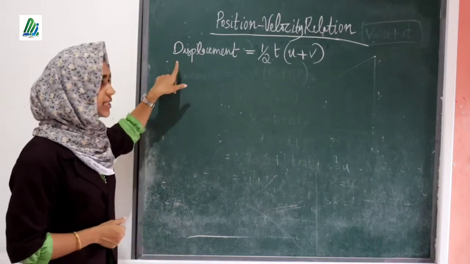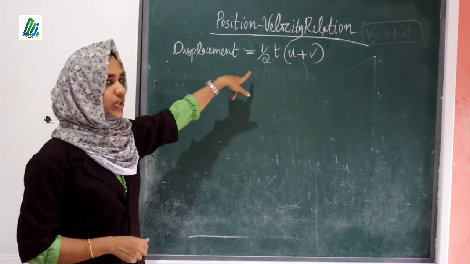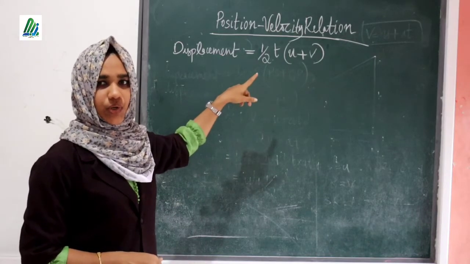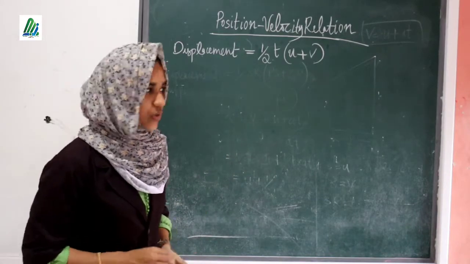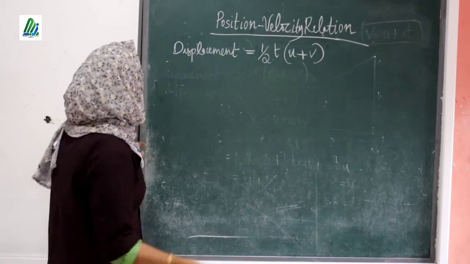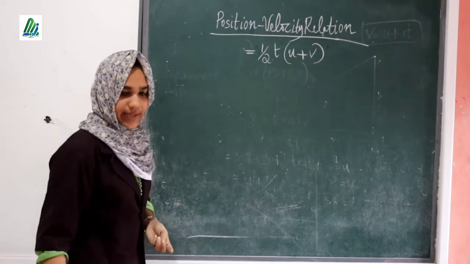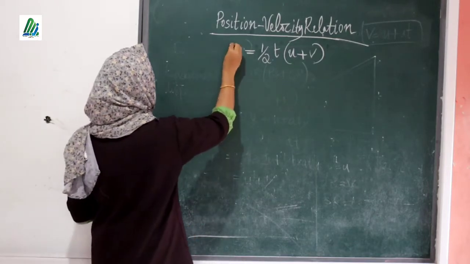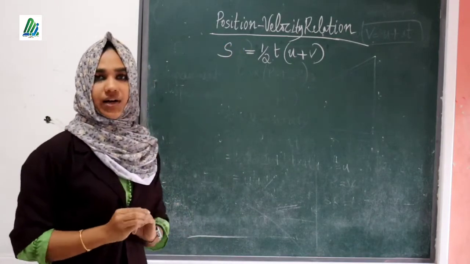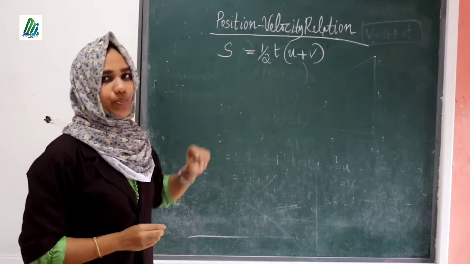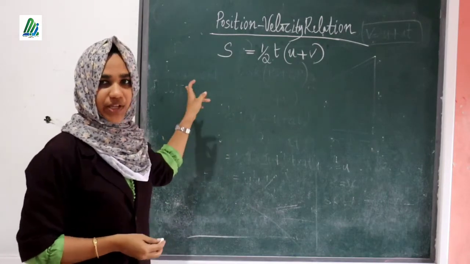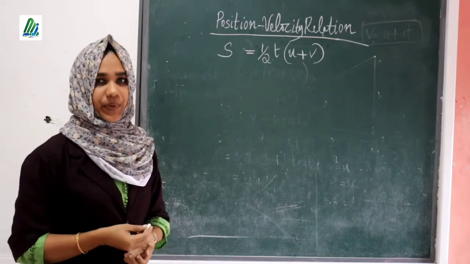So I write this as displacement is equal to half t into u plus v. Instead of writing displacement, I am representing it by capital letter S. S is equal to half t into u plus v, that is displacement is equal to the area of trapezium PQRS.